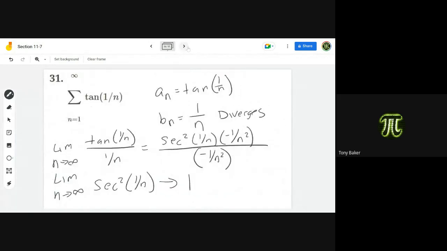So it doesn't tell me if it diverges or converges. It tells me it does the same thing as what I'm testing. Since the one I'm testing diverges, this one also diverges because 1 is greater than 0 based on the limit comparison test. So the limit comparison tells you it does the same thing.